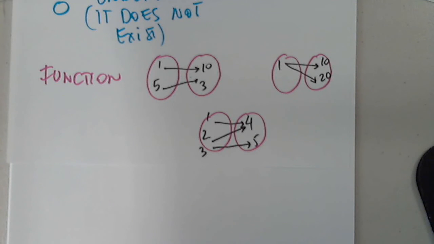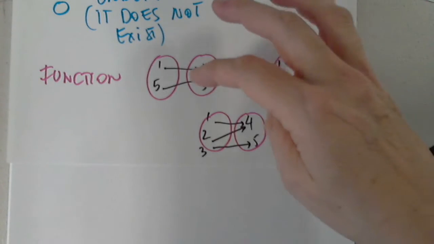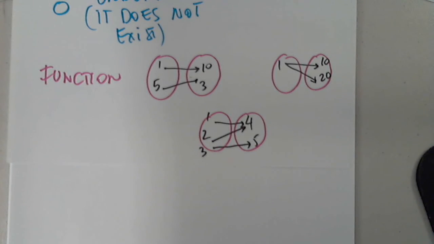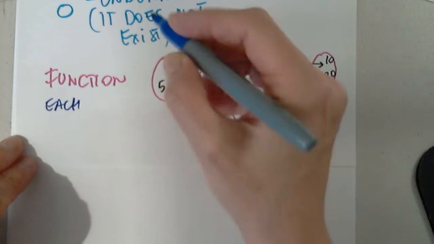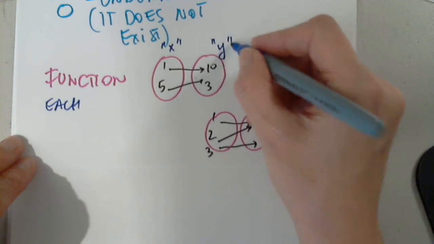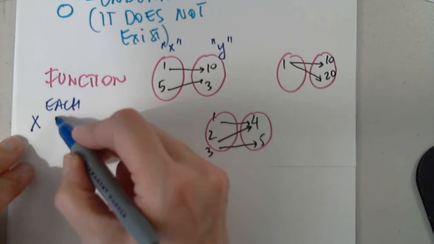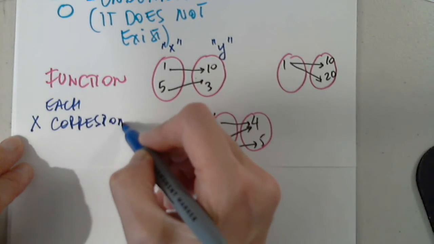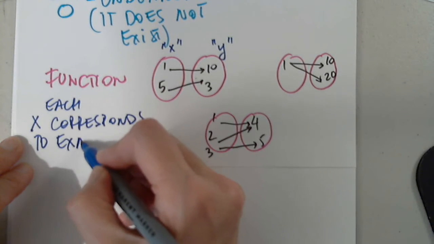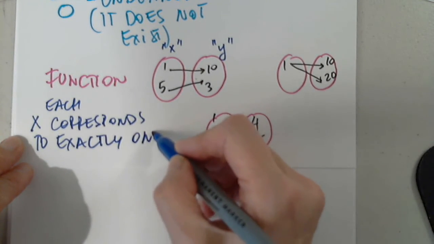So what about the first one? Does this connection represent a function? Yes, because each x, these are values of x, of course, and these are values of y, each x corresponds to exactly one y value.